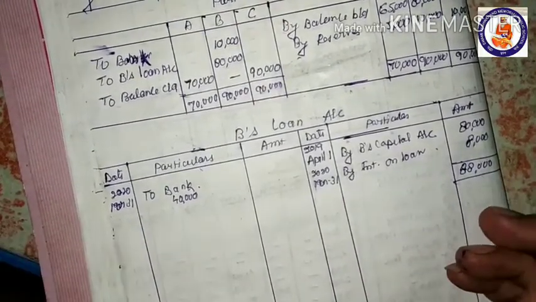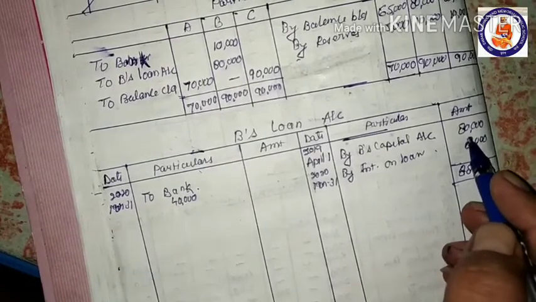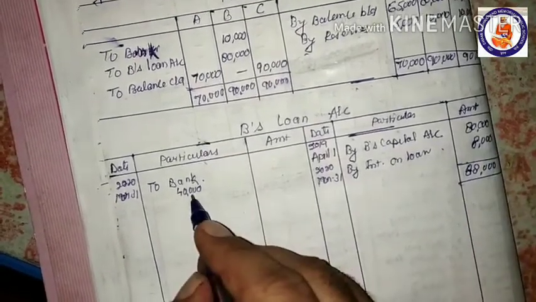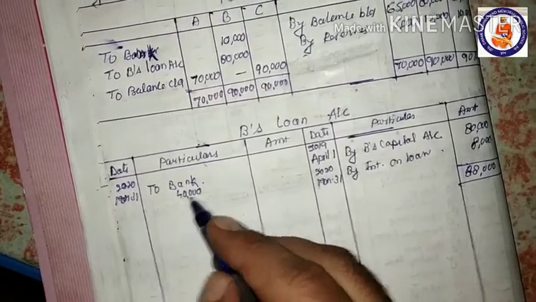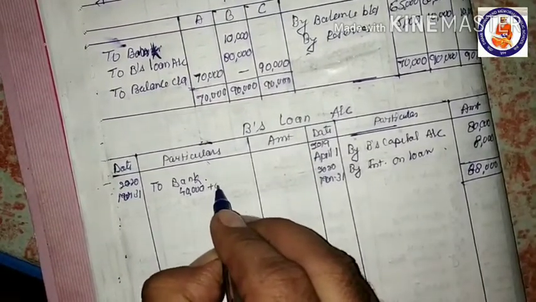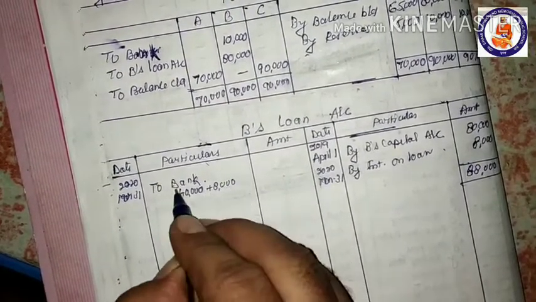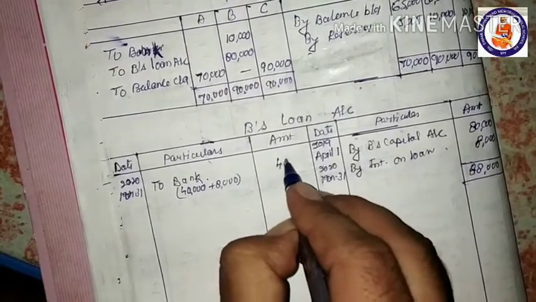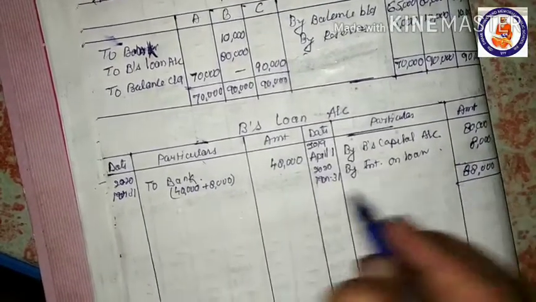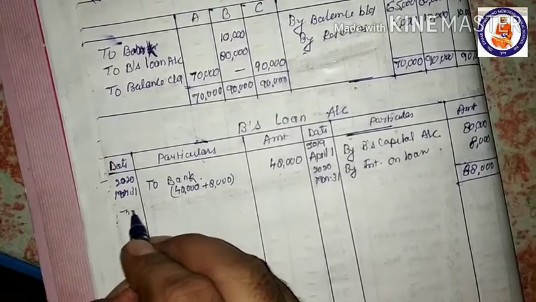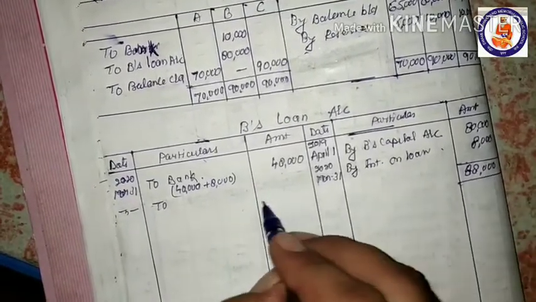If we divide 80,000 by 2, it comes 40,000. So 40,000 is paid on this day, and 8,000 of interest, so total 48,000 is paid to him.